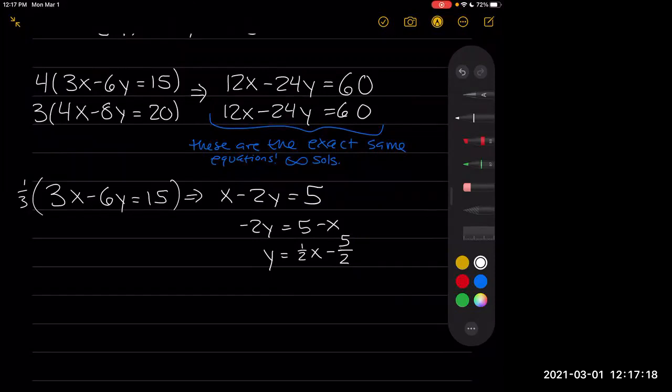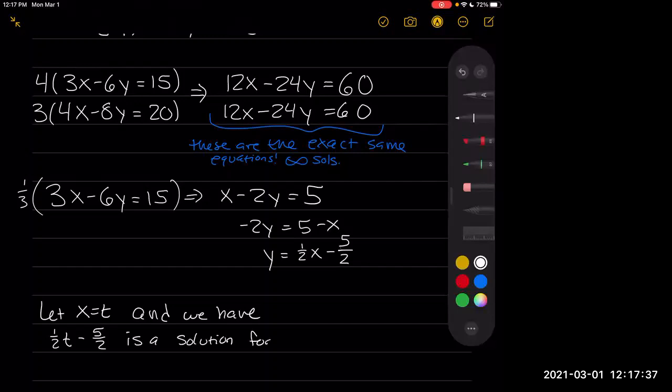So we're going to just let x equal t for this. So we'll have 1/2 t minus 5/2 is a solution for all t in the real numbers.